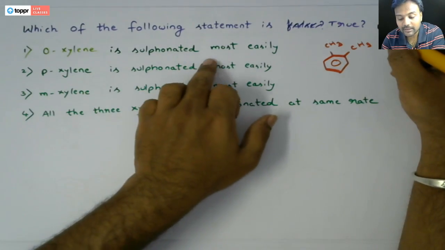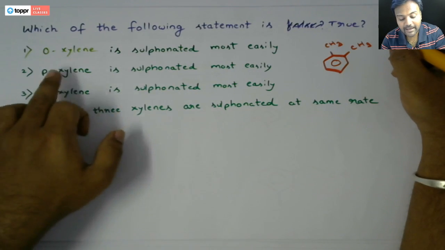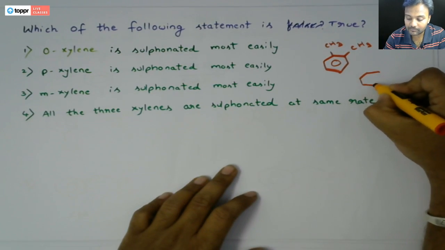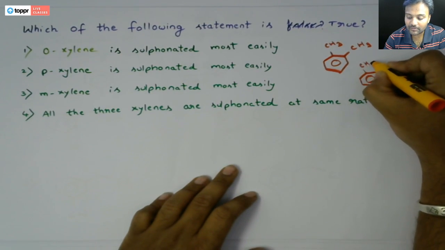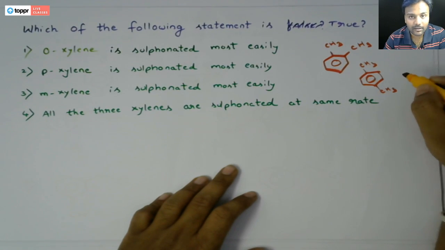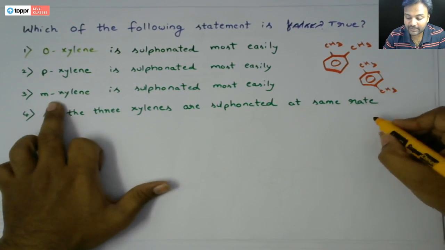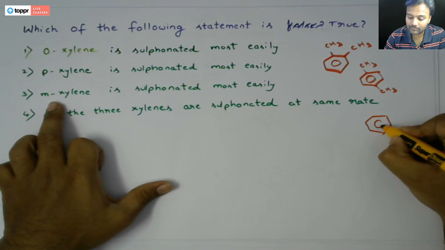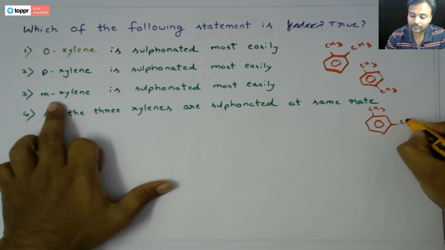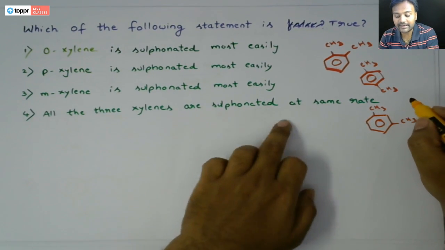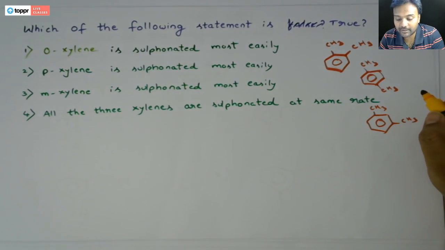Xylene is sulfonated most easily. Paraxylene is sulfonated more easily. I'm writing the structure here again. This is paraxylene. Metaxylene. All the three xylenes are sulfonated at the same rate.